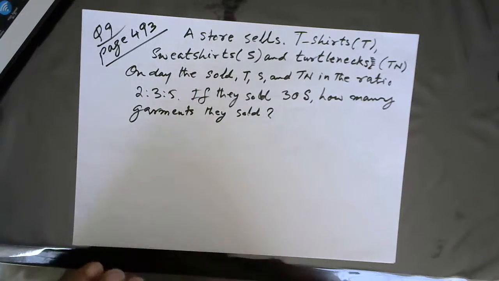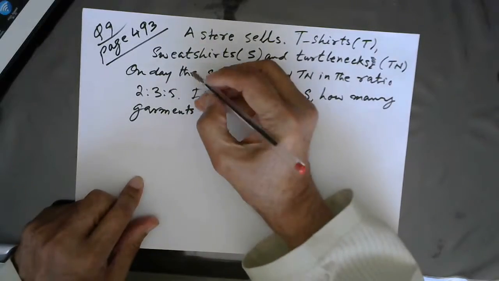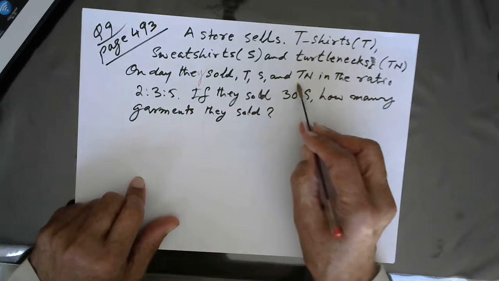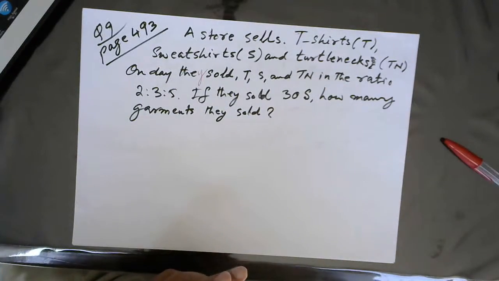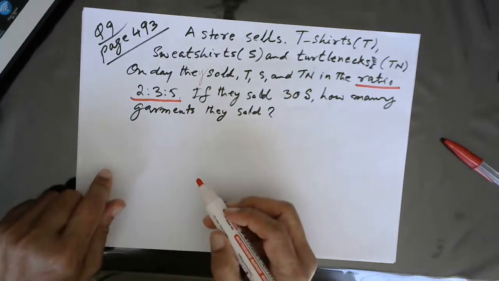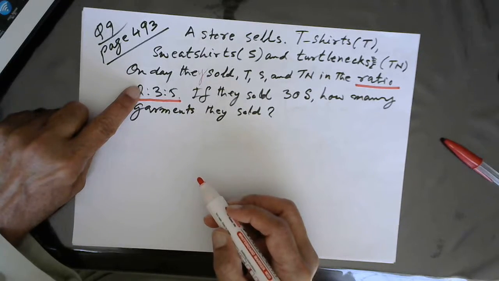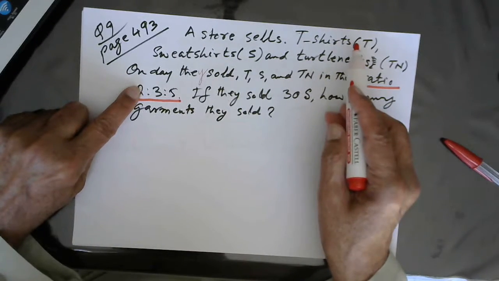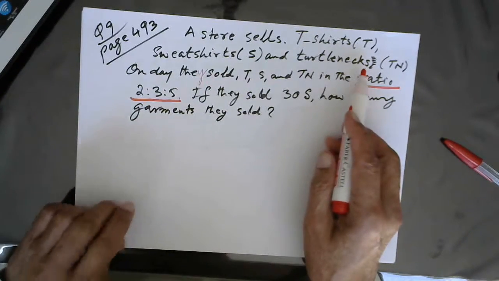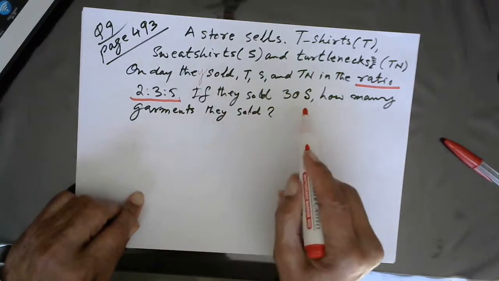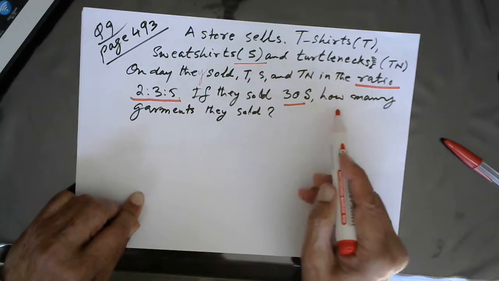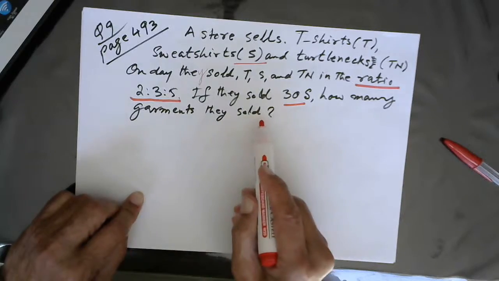One day they sold T-shirts, sweatshirts, and turtlenecks in the ratio 2 to 3 to 5. 2 is the number of T-shirts, 3 is the number of sweatshirts, and 5 is the number of turtlenecks. This is the ratio, by the way. If they sold 30 sweatshirts, how many garments did they sell?